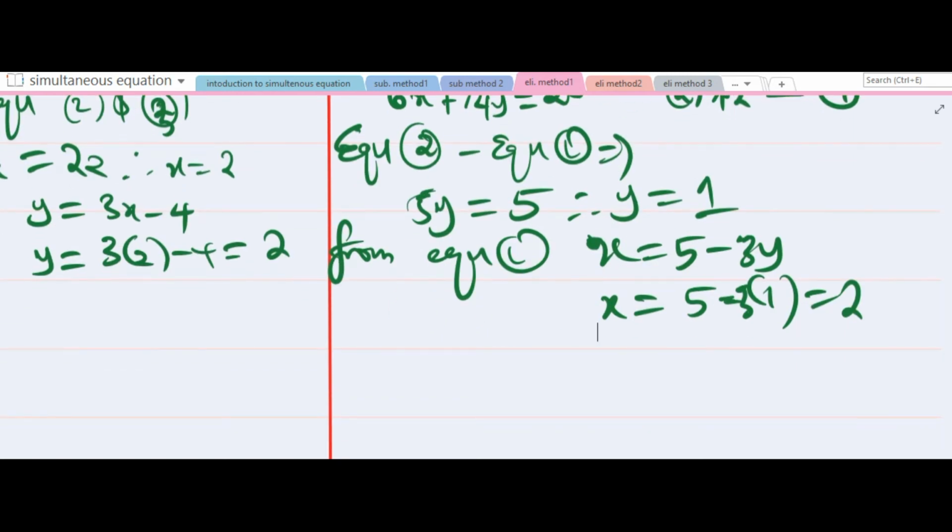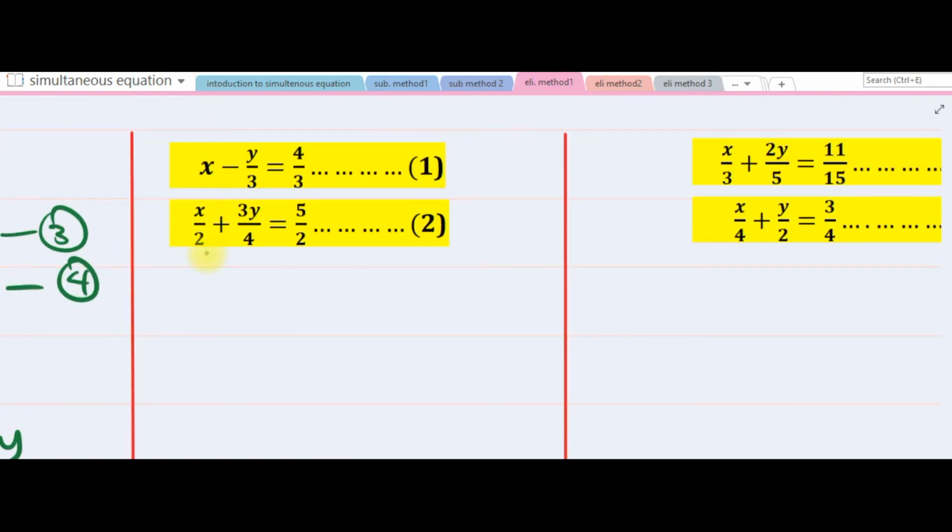So the next question now, we are given this. If you check again, the coefficients are not the same, but the only way I can make them the same is by dividing.